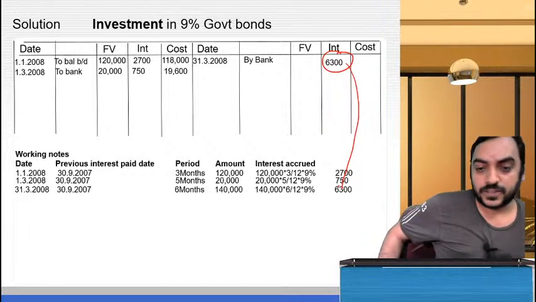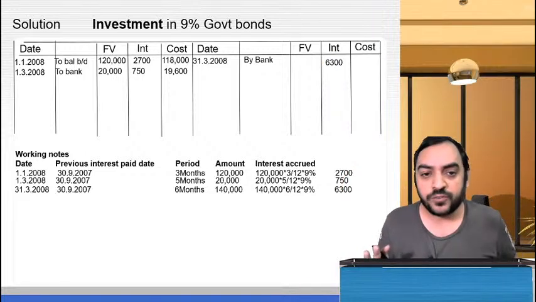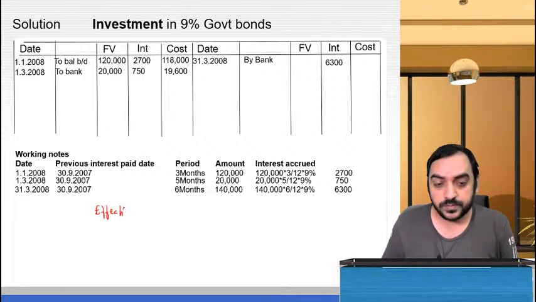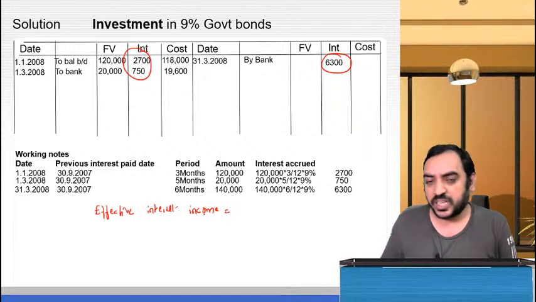Okay, I'll do one small verification calculation, not required for exam, only for conceptual understanding. So what is the effective interest income as on this date? 6,300 minus 2,700 minus 750. Can you please tell me how much it is?